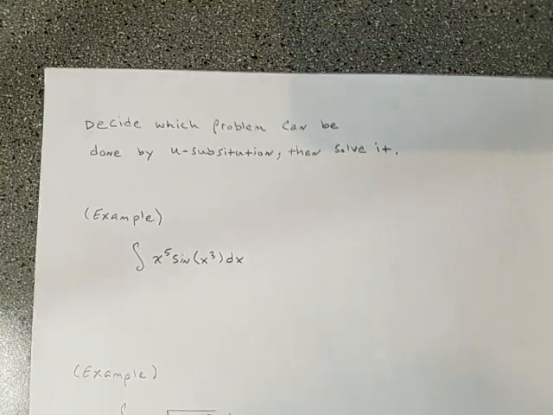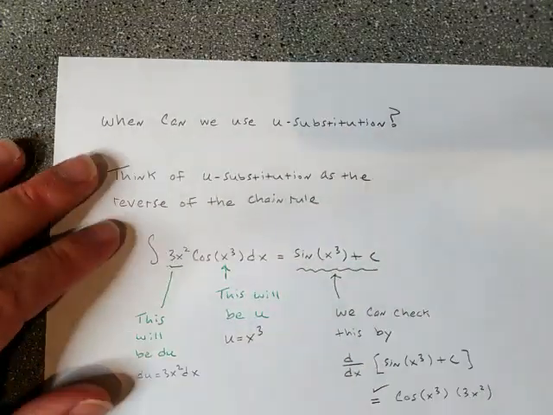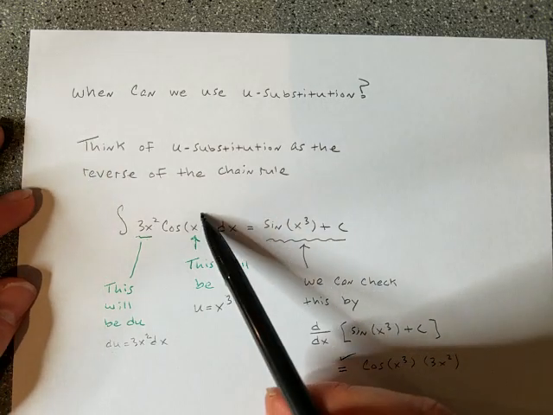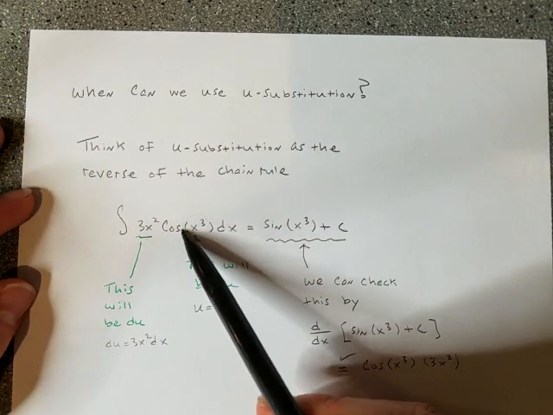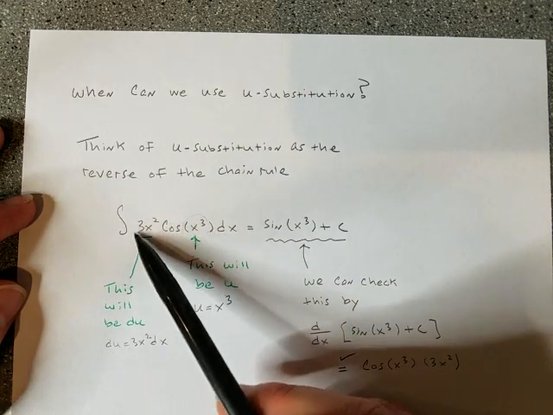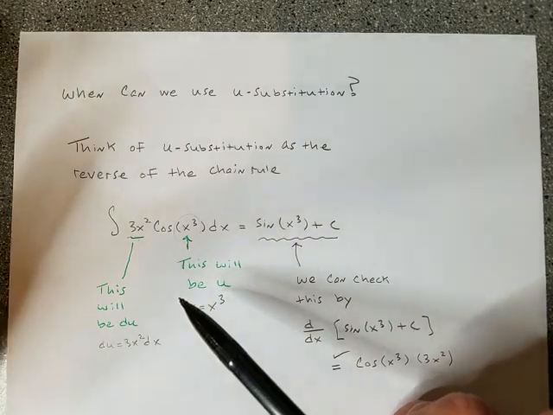One of these can be done by u-substitution and the others can't, all right? How do you notice when something can be done by u-substitution? Just as a general rule, if I see that some part of it, if I take the derivative of it, is the other part, that's a pretty good sign that you can do it by u-substitution, all right?